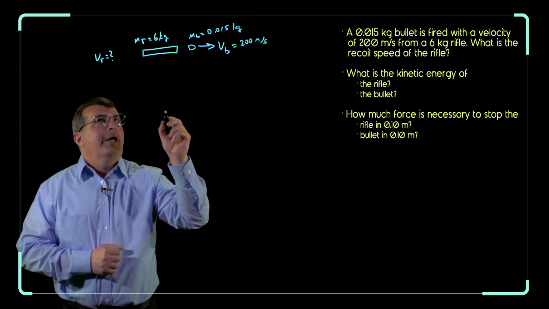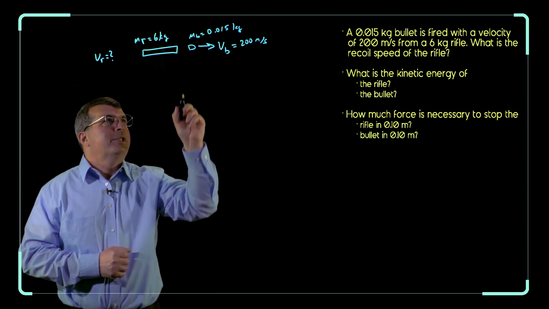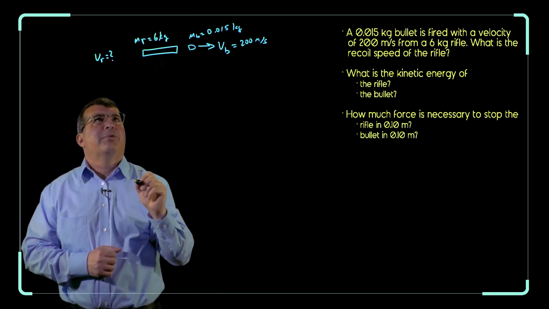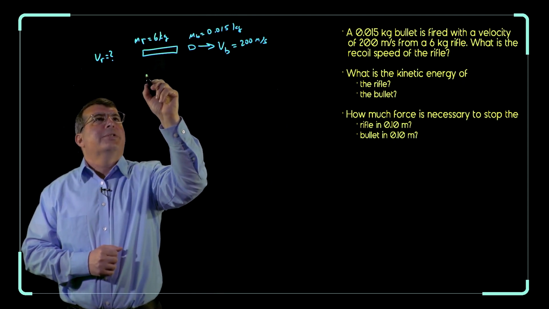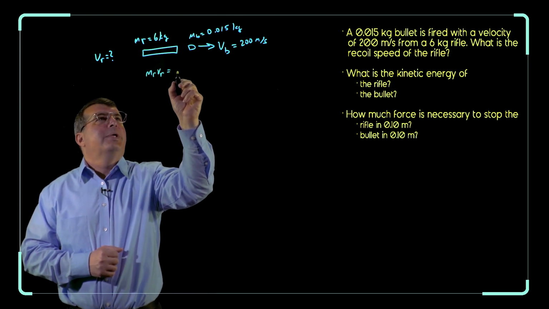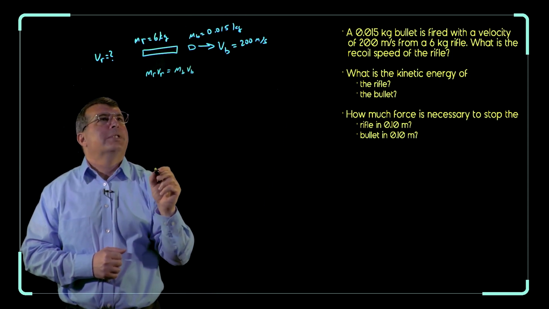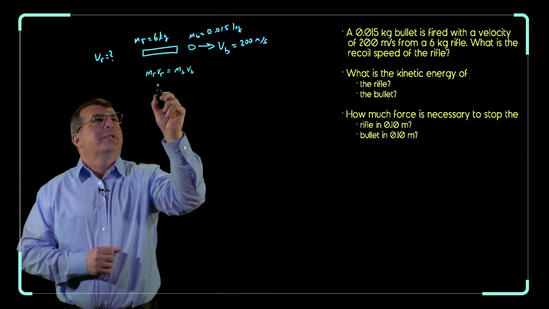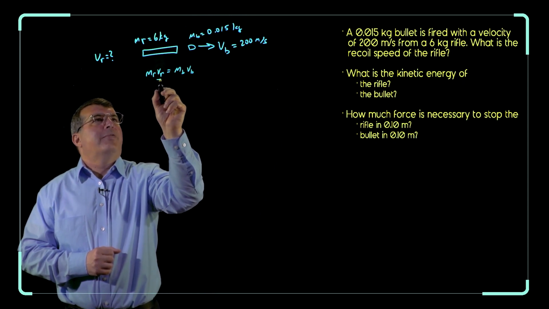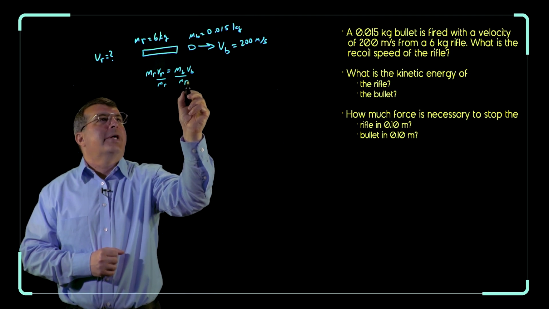Okay, now we want to know the speed of the rifle, and that is conservation of momentum. The momentum of the bullet and the momentum of the rifle are the same thing. So mass of the rifle times speed of the rifle equals mass of the bullet times the speed of the bullet. I want to get speed of the rifle, so I'm going to divide by mass of the rifle on both sides.